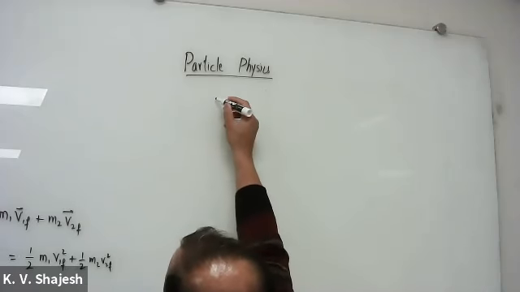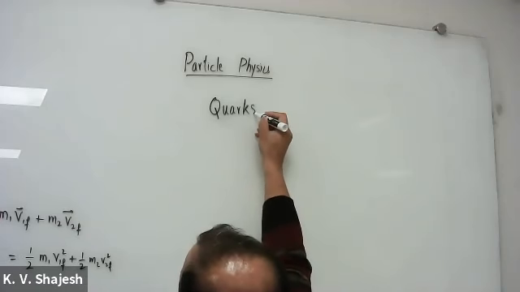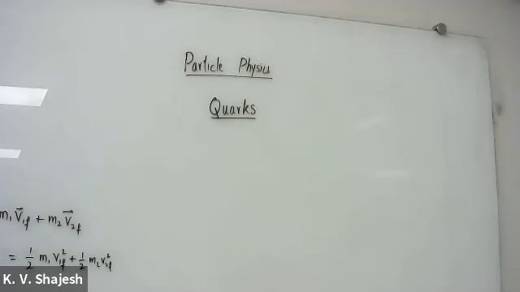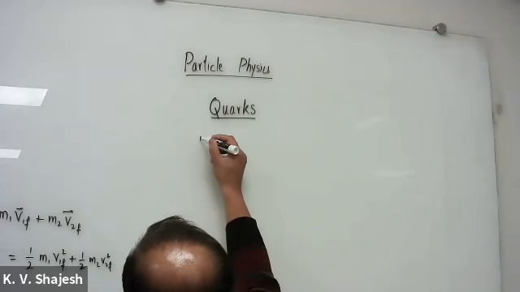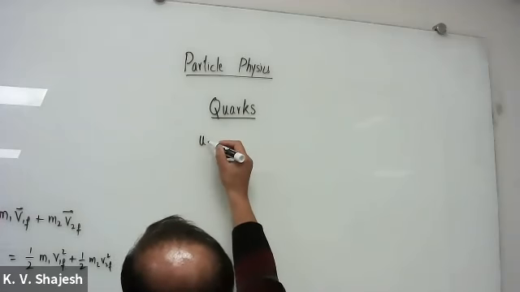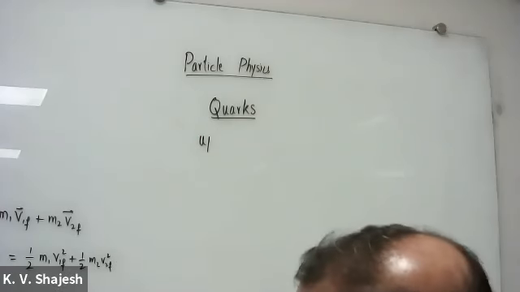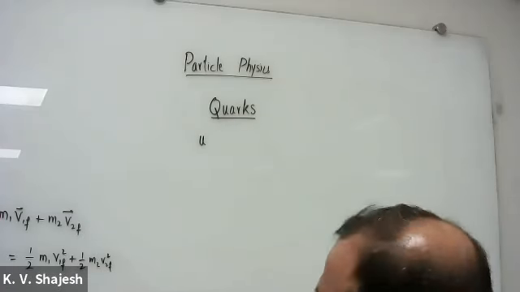So first is called quarks. And these quarks come in 6 different kinds. There is an up quark. This is an up quark. It's just called U, but it's pronounced as up quark.